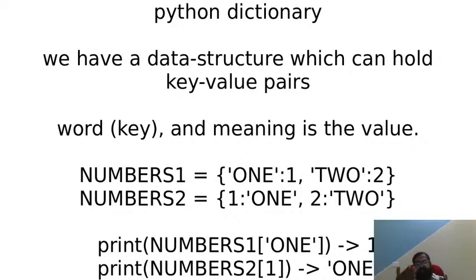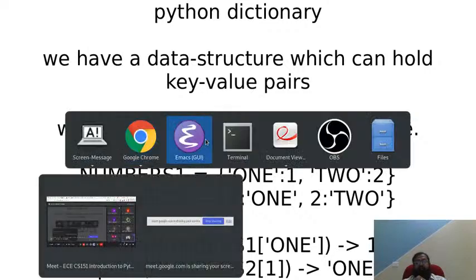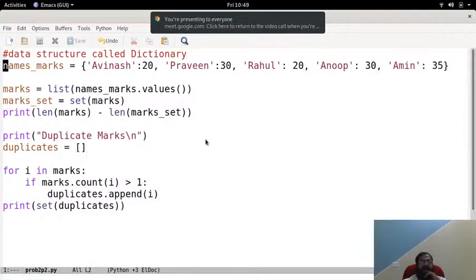In the second dictionary, numbers 2, you have two keys which are the numerals 1 and 2, and the values associated with the keys 1 and 2 are the strings ONE and TWO. So in a similar way we have a dictionary here.